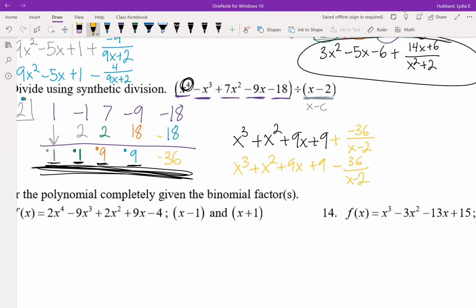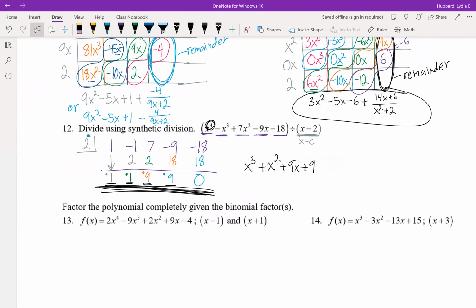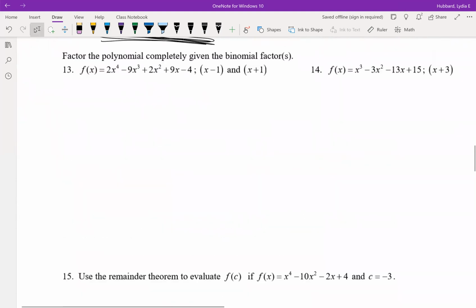So we write that remainder the same way we would in those previous long division problems. I just wanted to show an example of this. Again, this one actually did divide nicely, but if it didn't, this is how we would write that remainder. So I'm going to change that back just so I don't confuse anybody. This is 0. Okay, so make sure you're not forgetting that remainder on synthetic division.